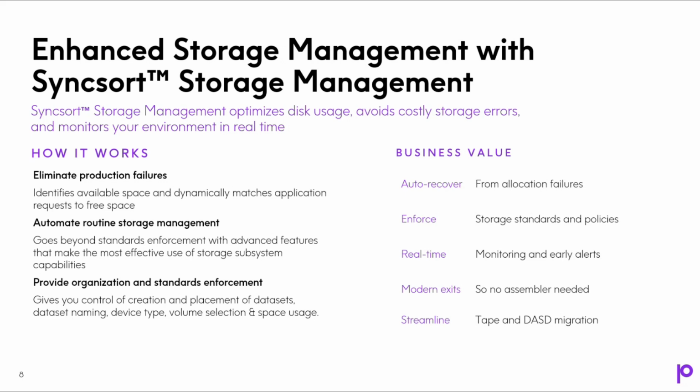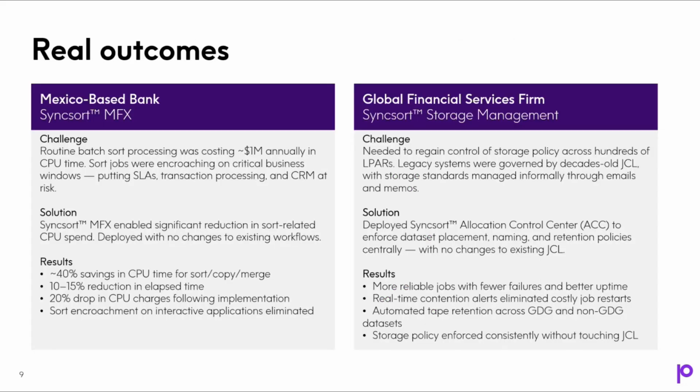So on that note, to give you some examples of real outcomes with real customers, we'll walk through 2 really quickly. First, on the sort side, a large Mexico-based bank was spending roughly 1 million annually on sort processing, and it was also starting to impact their critical business windows.